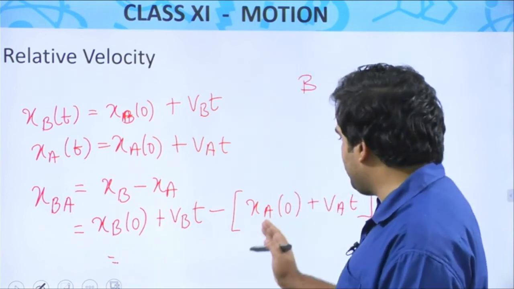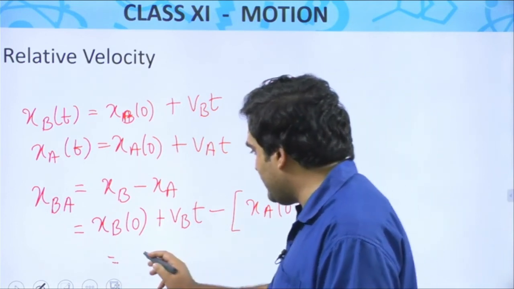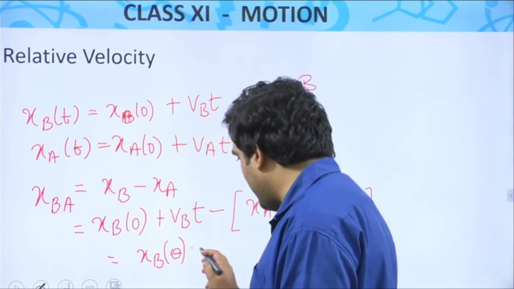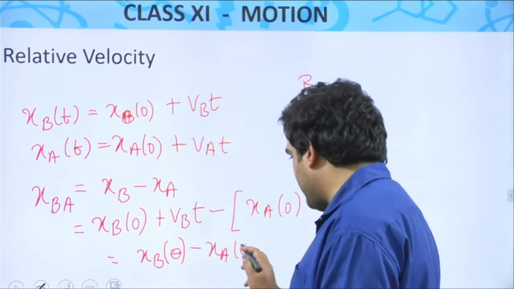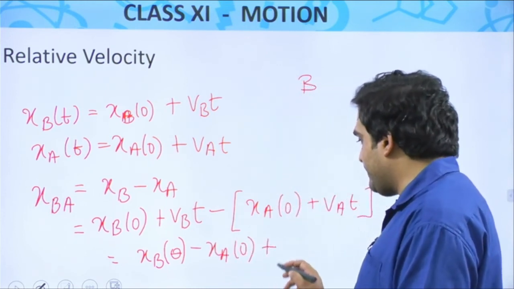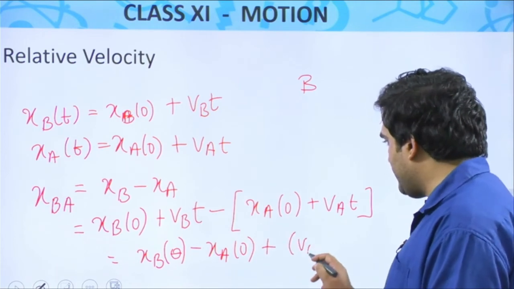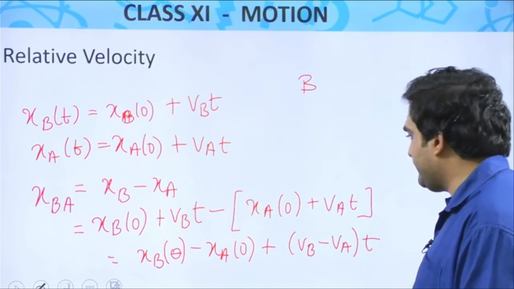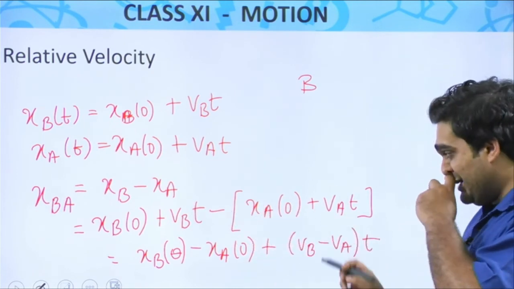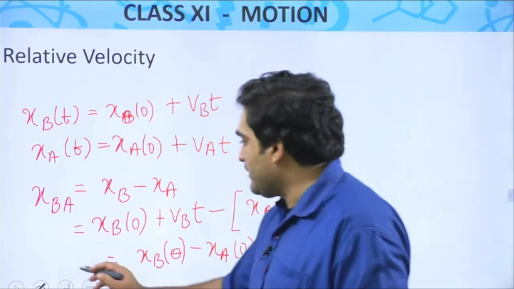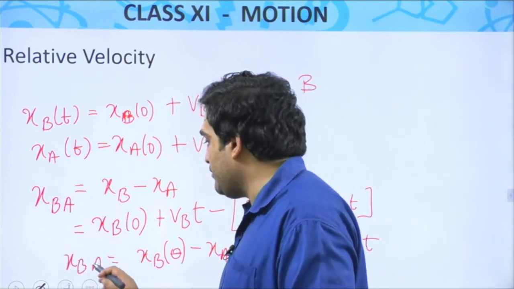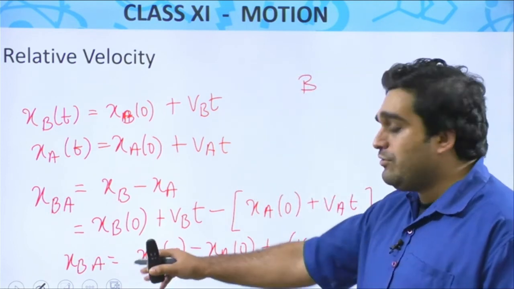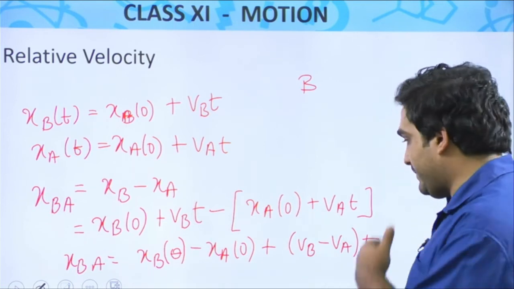Bring all the xb of 0 and xa of 0 on one side: xb naught minus xa naught plus (vb minus va) of time t. That is after the sign multiplication. I've taken the common terms. So this is how you identify the position of one object with respect to the other observer A.